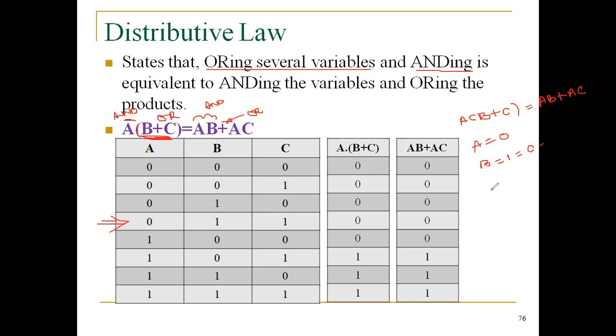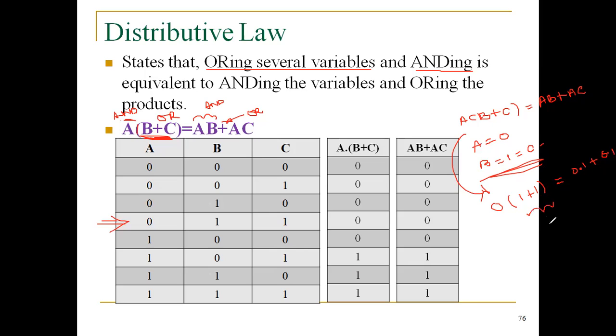Based upon this, A is 0 dot (1 plus 1) equals 0 dot 1 plus 0 dot 1.